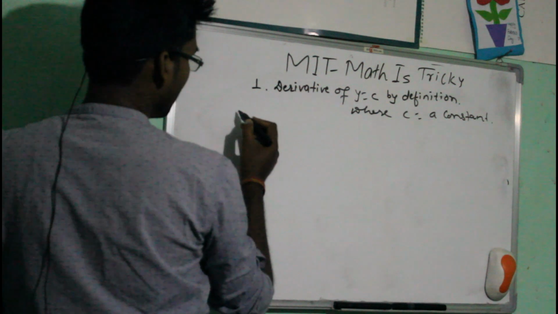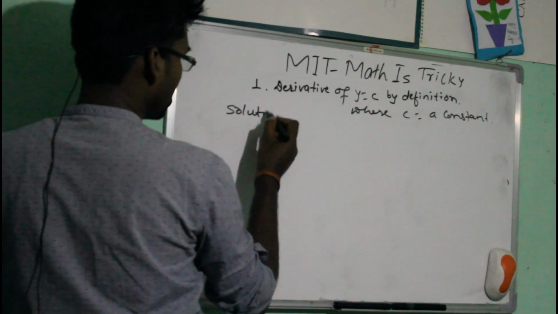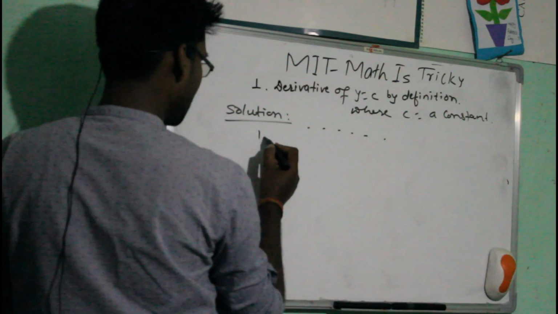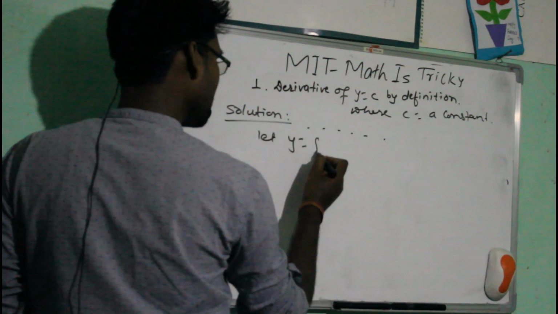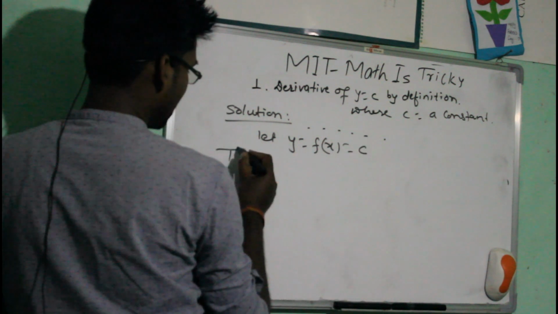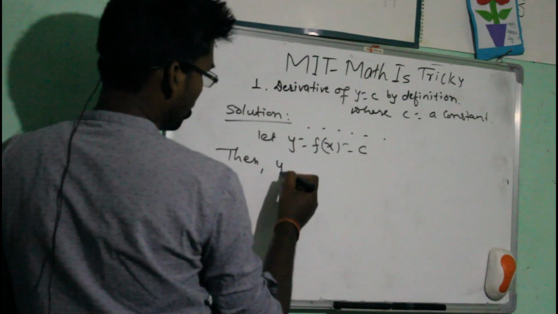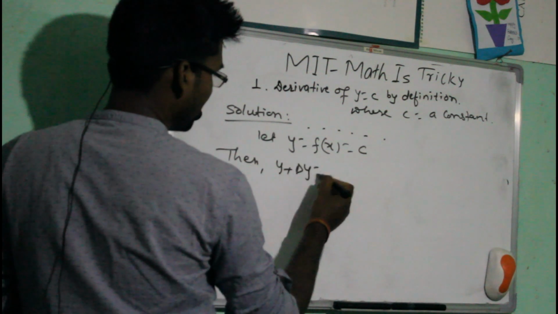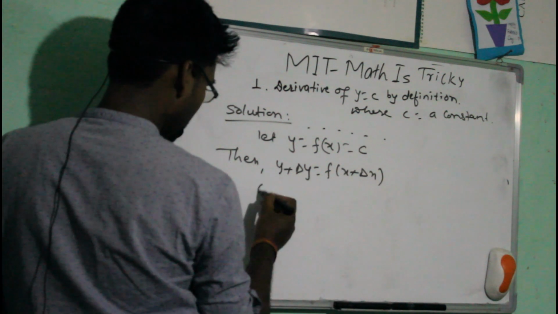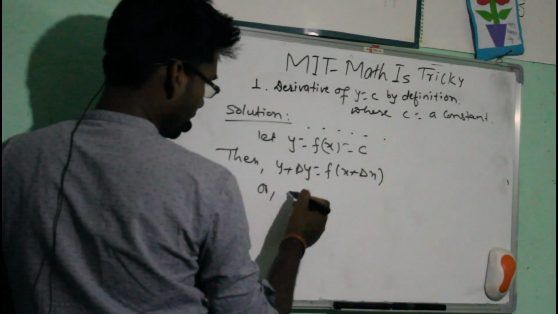Please write the language as in the previous one. Write: let y equals f of x equals c. Then y plus delta y equals f of x plus delta x, and we are always finding the value of delta y.